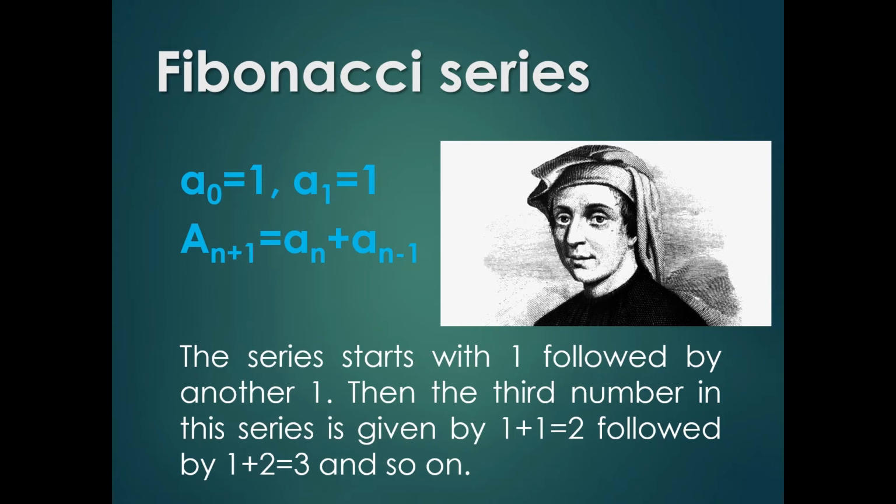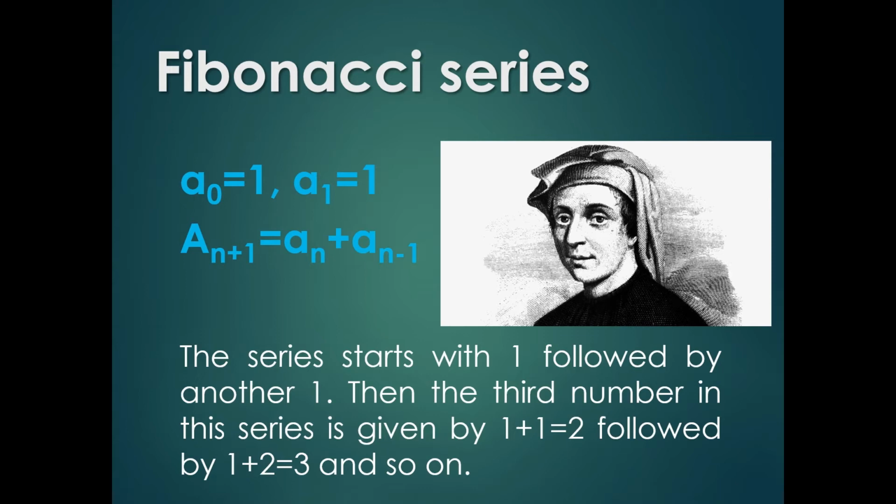So that's how he put it in a mathematical form. He said there is a series of numbers or sequence of numbers. The first number is 1, the second number is 1. So it writes A0 is 1, A1 is 1. And after that, if you consider the next number, A2, A0 and A1 are both 1. So A2 will be A0 plus A1. So it is 1 plus 1 equals 2.